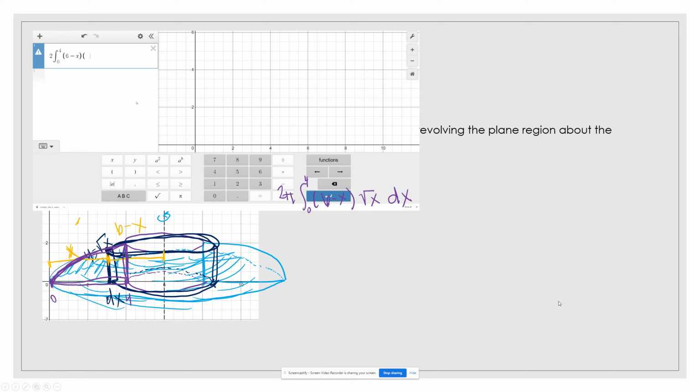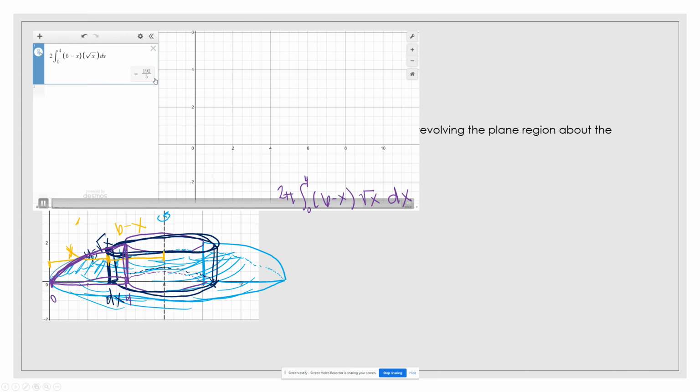And then I'm going to put the square root of x, and then dx. And I get 38.4, and of course I can put that into fraction form by clicking here, and I get 192 pi over 5. So this volume is 192 pi over 5. And because it's volume, we'll put units cubed.